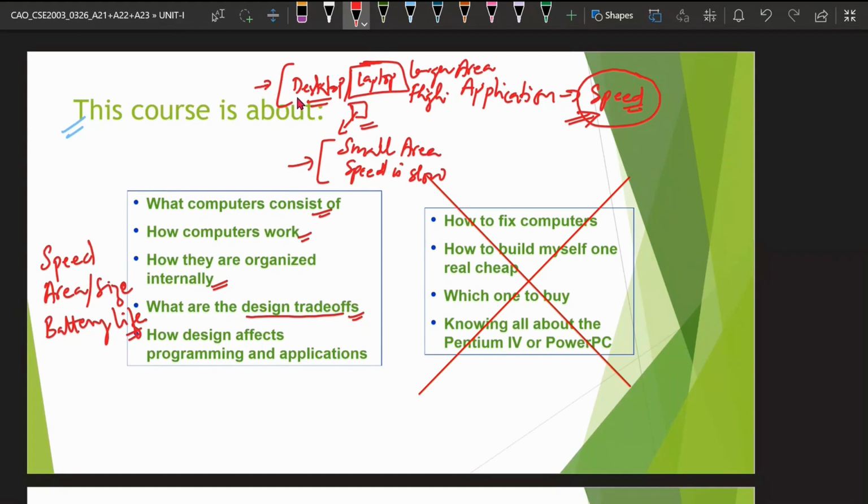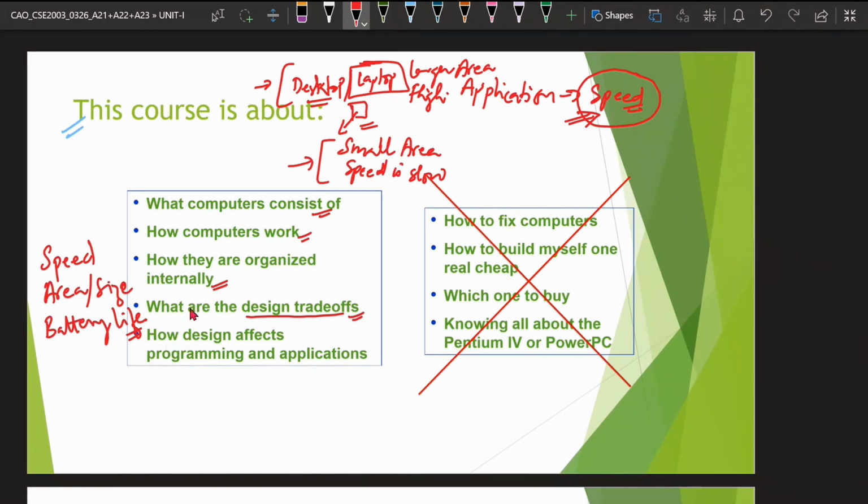This is called the trade-off. Based on the application, we are doing the trade-off. So based on the architecture and the system performance, we can know what different trade-offs we can make to implement a particular system.